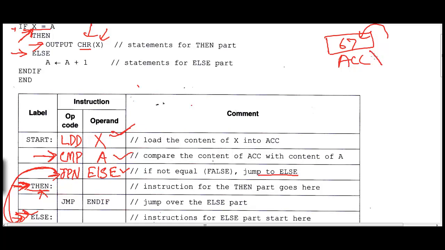We can use this value which is loaded into the accumulator and convert it into a character, because this value is the value of x. That value is still there in the accumulator. It has not been changed. So the accumulator is holding the value of x, and we are going to output the character corresponding to this code which is held in the accumulator.